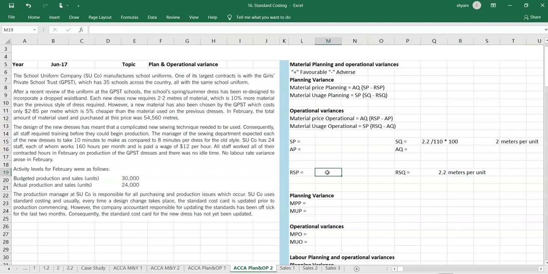So I think that is the revised standard price, $2.85 per meter. What should have been the standard price? The standard price would have been 5% higher. So we'll work that out also.